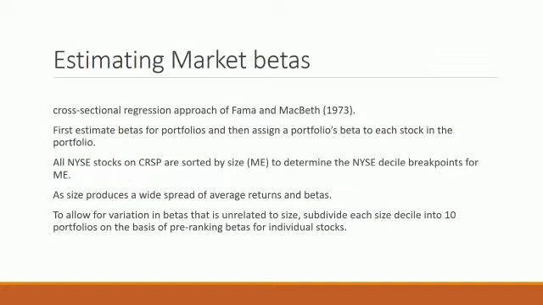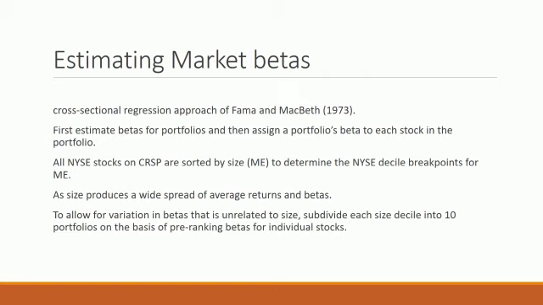Moving towards the estimated market betas, the asset pricing tests use the cross-sectional regression approach of Fama and MacBeth 1973, in which each month the cross-section of returns on stocks is regressed on variables hypothesized to explain expected returns. The time-series means of the monthly regression slopes provide standard tests of whether the different explanatory variables are priced on average.